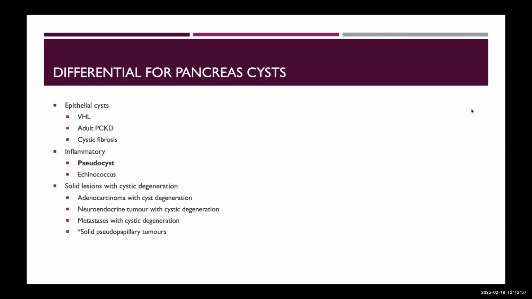The caveat to that is a special type of lesion called a solid pseudopapillary tumor, which is most commonly found in young female individuals, usually in the pancreas tail. These cysts tend to be sort of mixed solid cystic, sort of half and half. They have a 10 to 50% risk of malignant degeneration and metastatic disease.